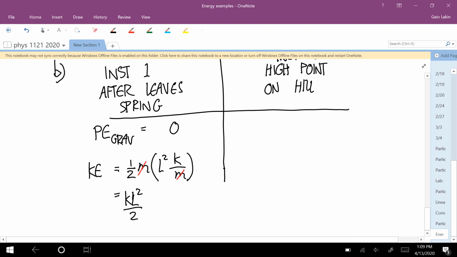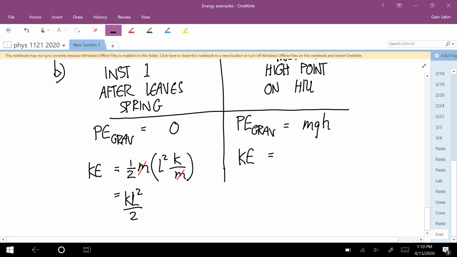And then when it gets to the highest point on the hill, our gravitational potential energy is mg times the height of h. That's what we're trying to find this time, is that height h. And the kinetic energy, if it's at the highest point that it gets to on the hill, then right at that instant, the object has come to rest before it starts to roll back down.